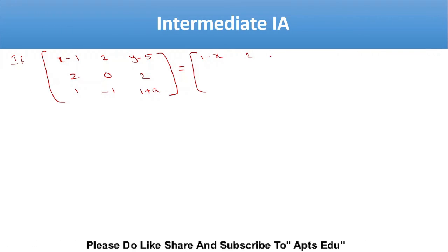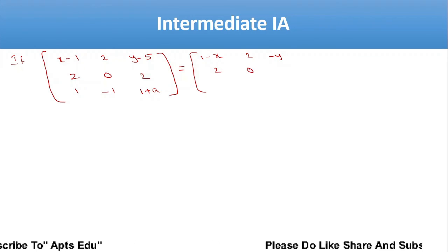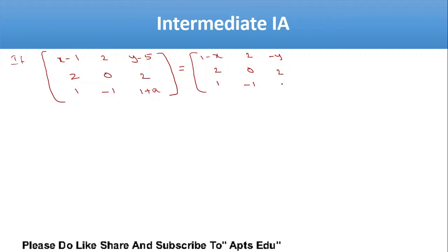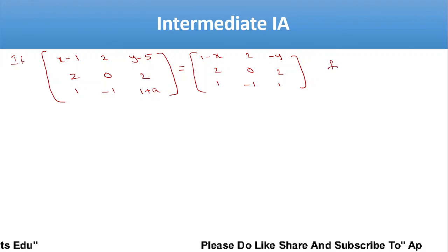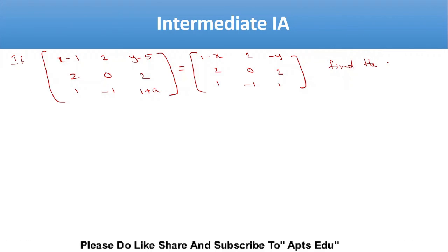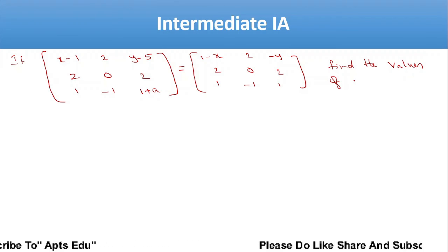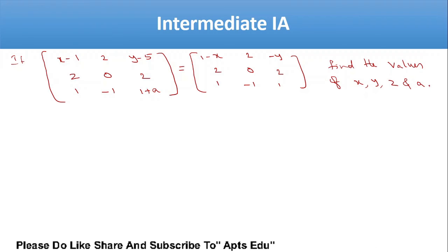If you skip and use another element, you may get the wrong answer. So what they are asking is to find the values of x, y, z and a.